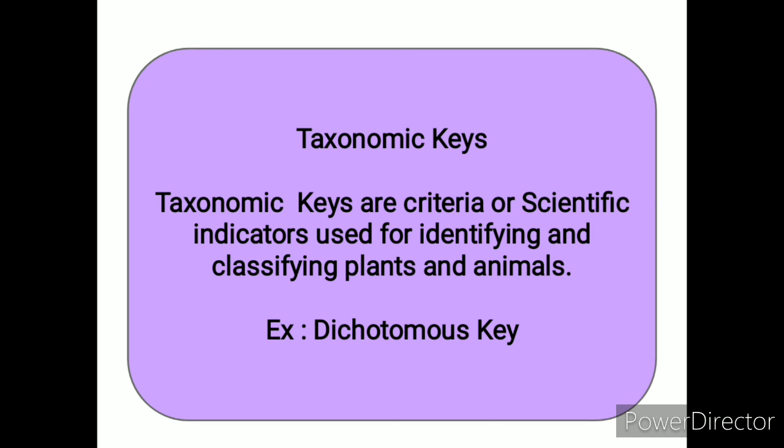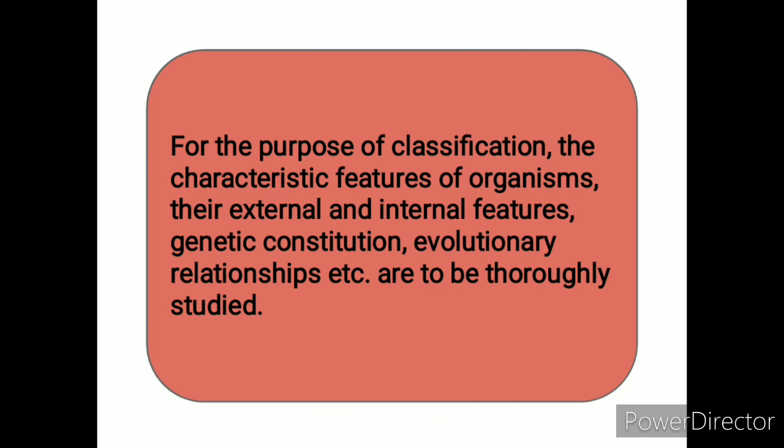Example, dichotomous key. And in a dichotomous key, each indicator is having two possibilities of selection. And for the purpose of classification, the characteristic features of organisms, their external and internal features, genetic constitution, evolutionary relationships, etc. are to be thoroughly studied.